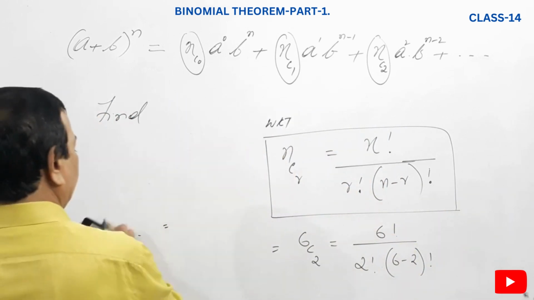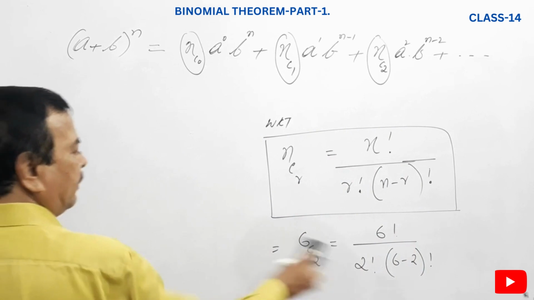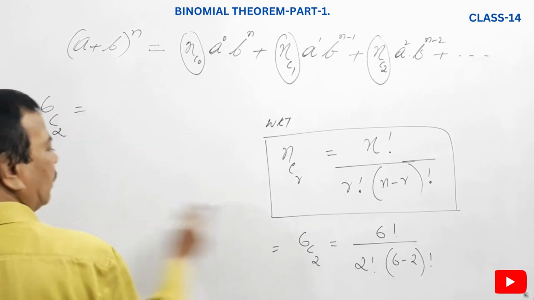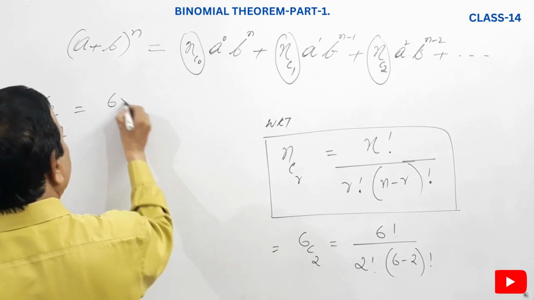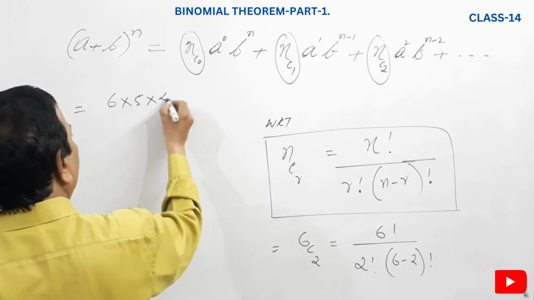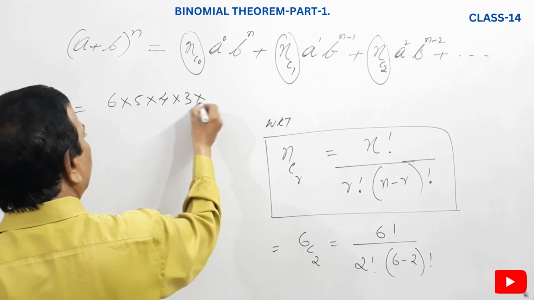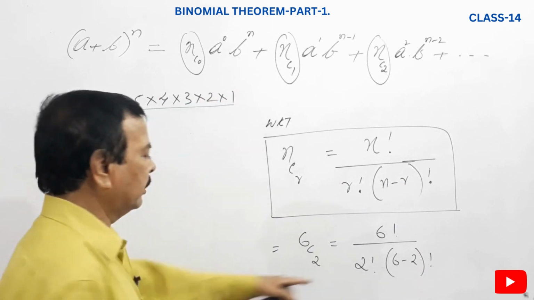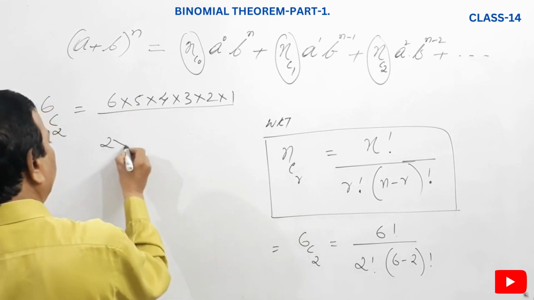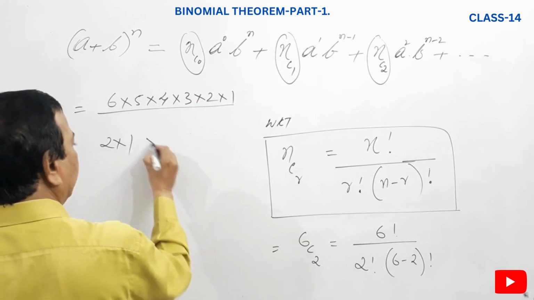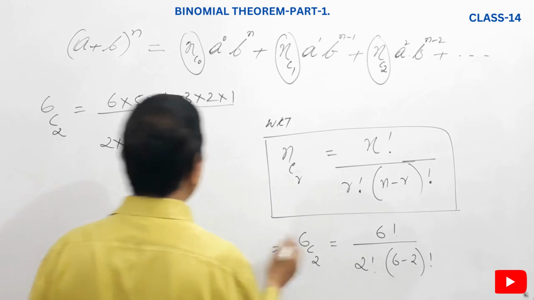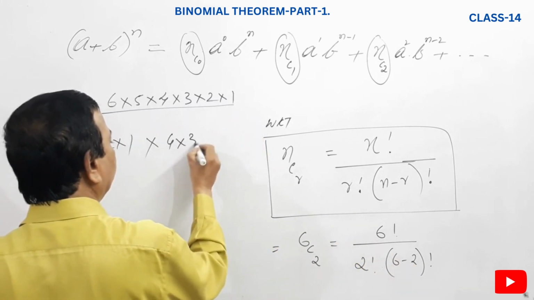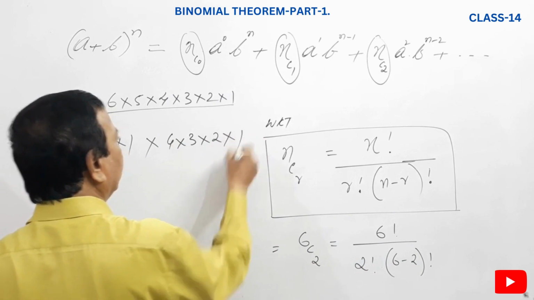So 6C2 equals 6 factorial, nothing but 6, 5, 4, 3, 2 into 1, divided by 2 factorial, 2 into 1, into 6 minus 2 is 4 factorial, that is 4 into 3 into 2 into 1.